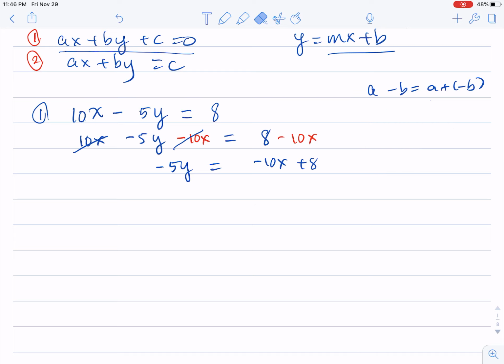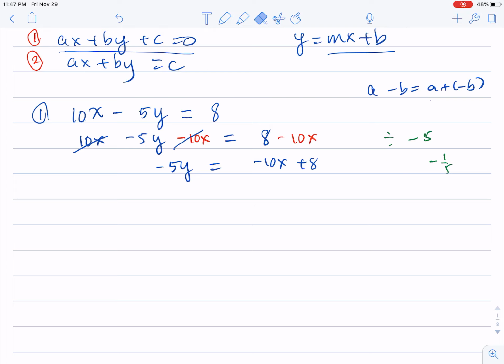Okay, so ang gagawin natin is tatanggalin na natin yung negative 5, and we can do that by dividing both sides by negative 5, or simply multiplying by negative 1/5, no? So dividing by negative 5 is just equal to multiplying by its reciprocal, no, which is negative 1/5.